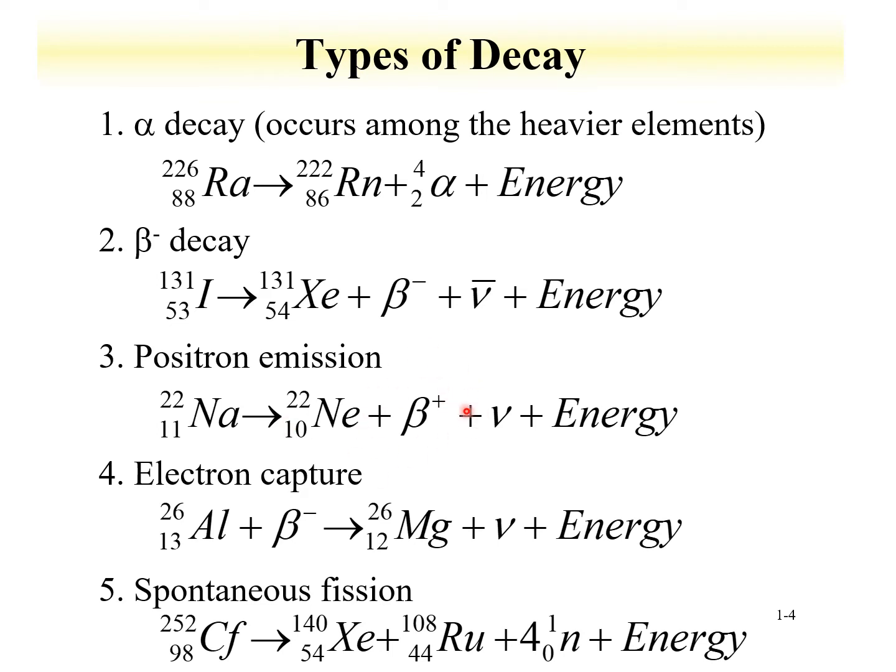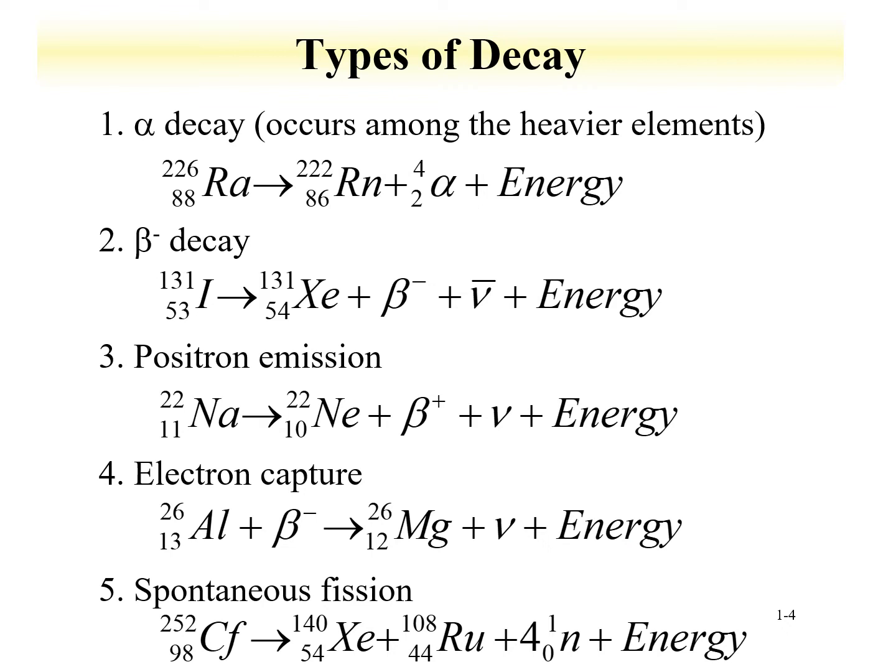A positron, which is the anti-particle of an electron, so it's the antimatter particle of an electron, and a neutrino are produced along with energy. Electron capture, where an isotope will capture one of its orbital electrons, it will use that to convert a proton into a neutron, so move down the periodic table, gives off a neutrino and energy.